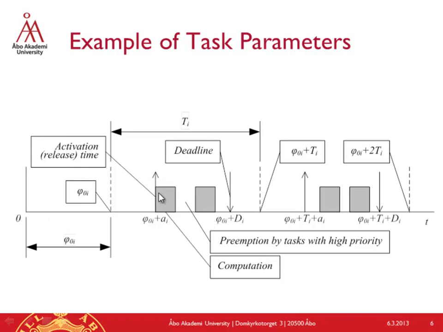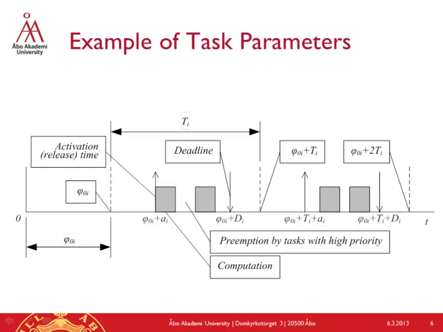And this arrow up defines a certain time when the task will be activated. It's called the activation time. This is the so-called initial phase, or just phase, when we start the first period of a periodic task, for example. And this is the difference between the activation time and the time that the period was actually started.